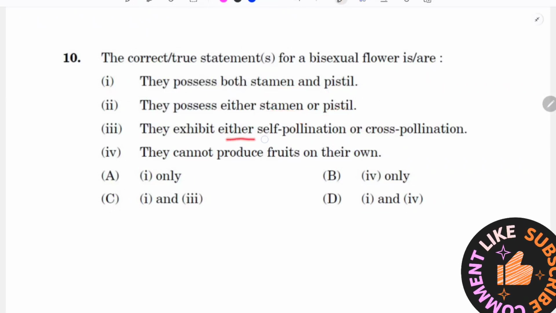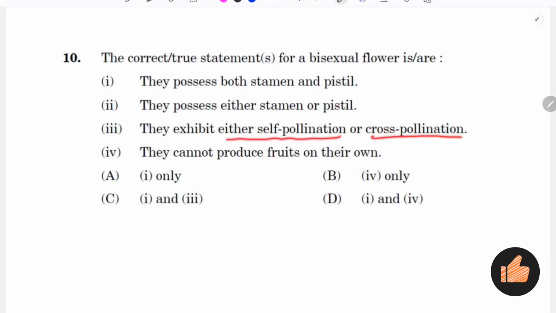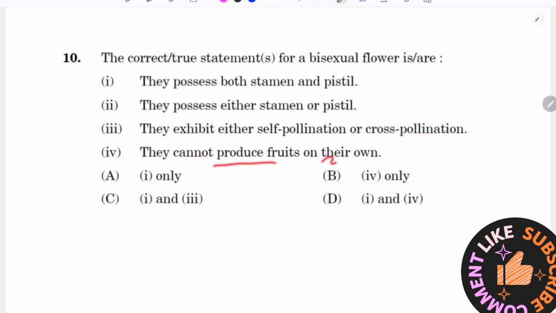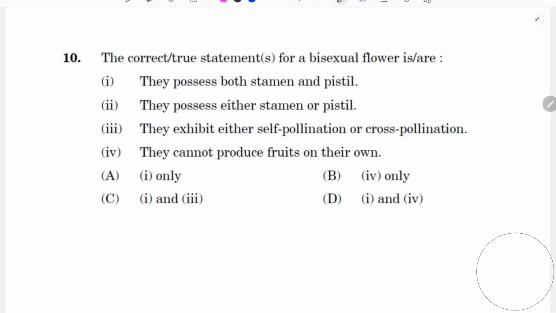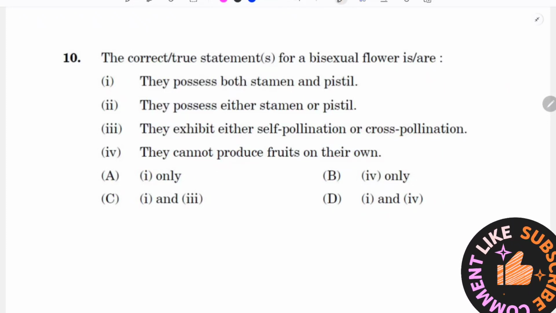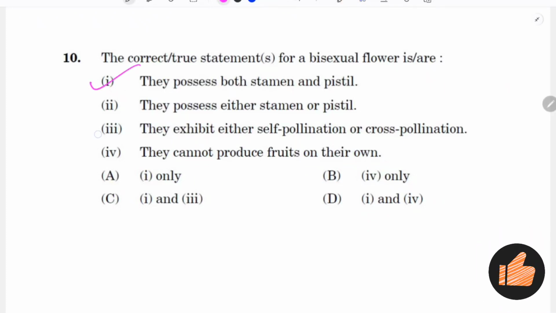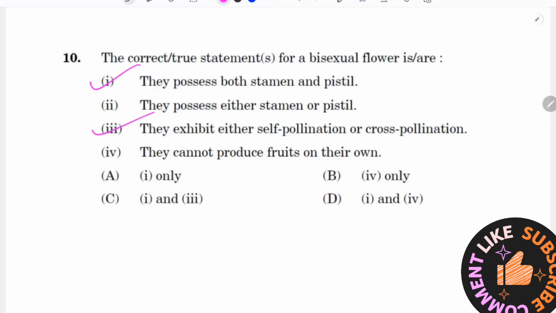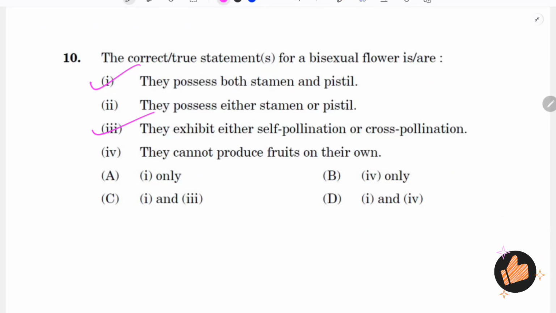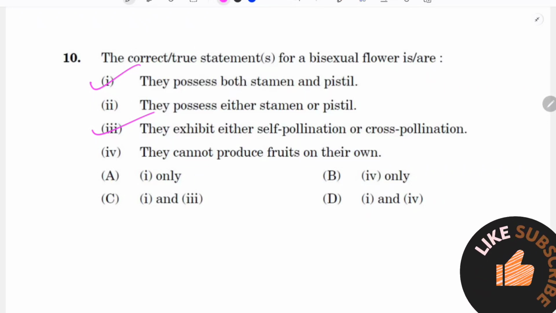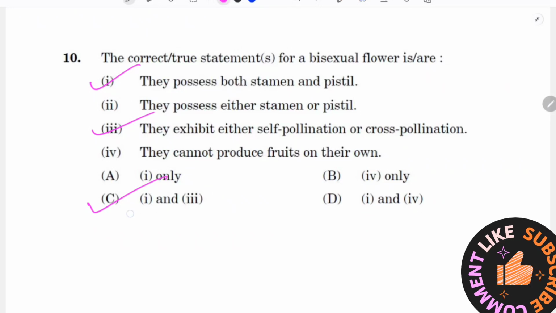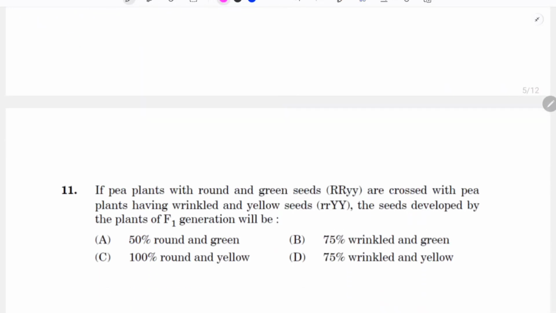They exhibit either self-pollination or cross-pollination. They cannot produce fruits on their own. So for this question, the correct answer is both 1 and 3 are correct. They possess both stamen and pistil. They exhibit either self-pollination or cross-pollination. So the correct answer is C.